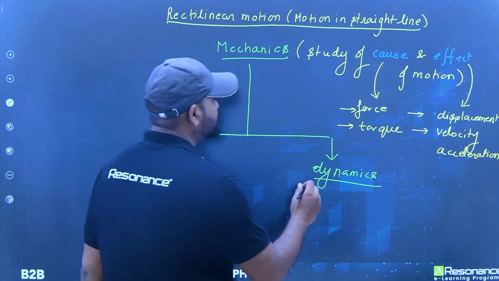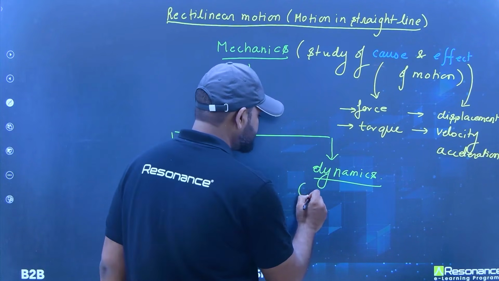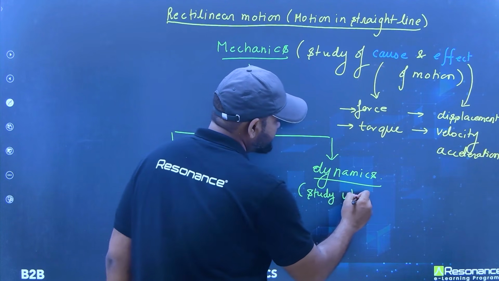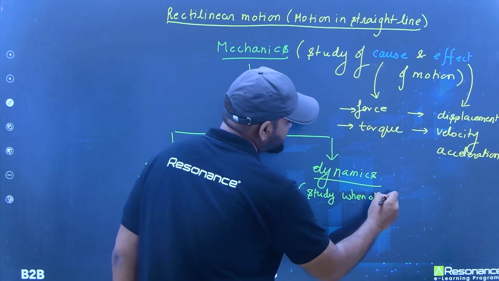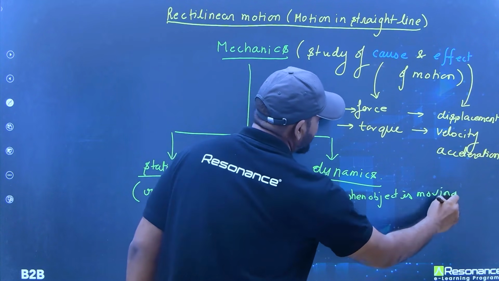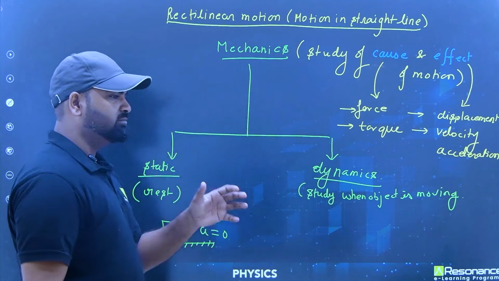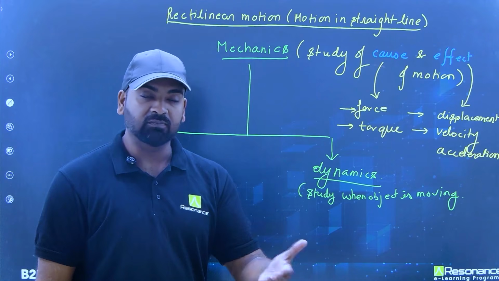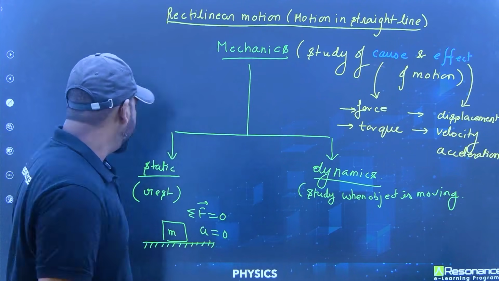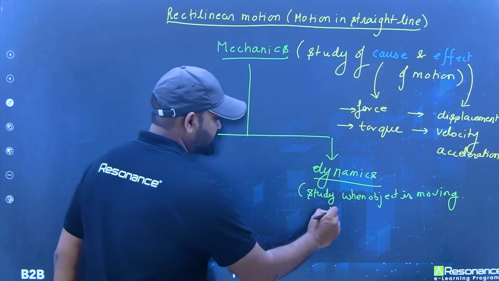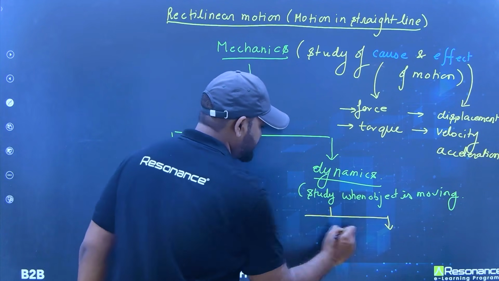Next is gonna be dynamic, which is the study of when an object is moving. Now, an object moving obviously means that it already has velocity or is doing displacement or acceleration. Now, we will divide this further into two parts, and that's going to be the last division here.